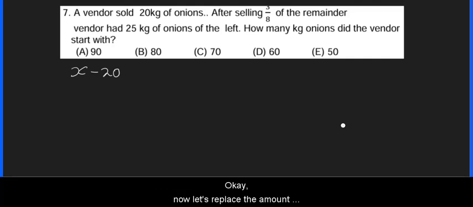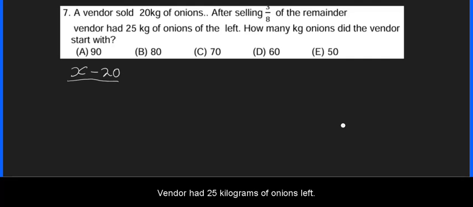Okay, now let's replace the amount of onions, which we don't know how much he had, by X. Okay, then he sold 20 kg. So now after selling 3 over 8 of the remainder, okay, so he's selling now 3 over 8 of this remainder, which is X minus 20. Vendor had 25 kg of onions left.